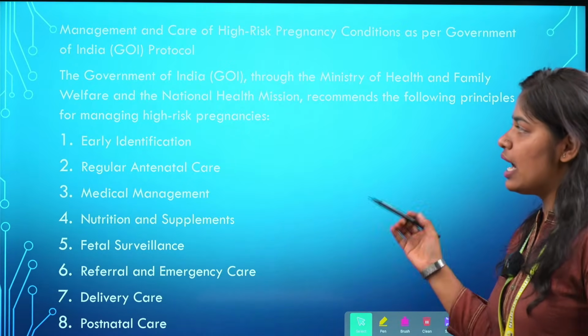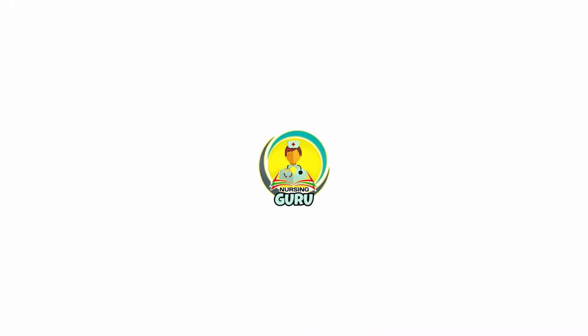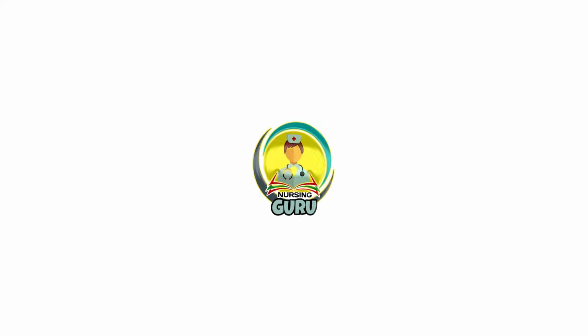They include early identification, regular antenatal care, medical management, nutrition and supplements, fetal surveillance, referral and emergency care, delivery care and postnatal care. These are the 8 main principles given by the Government of India to manage and care for high risk pregnancy.